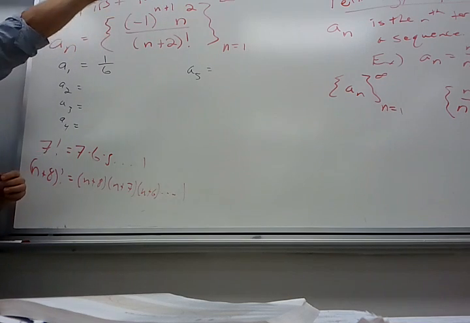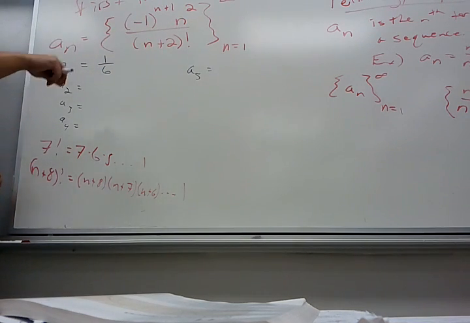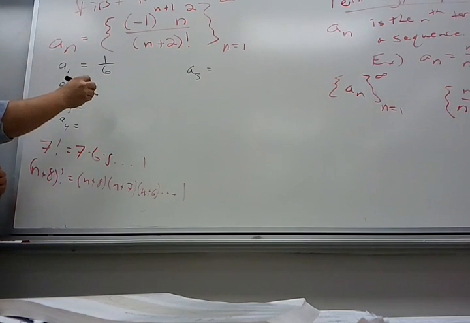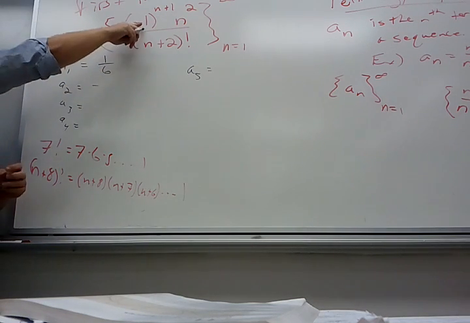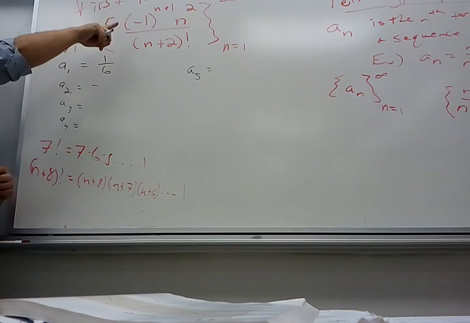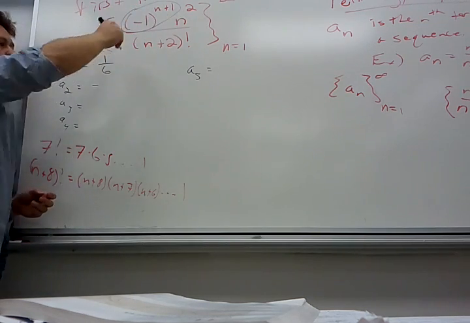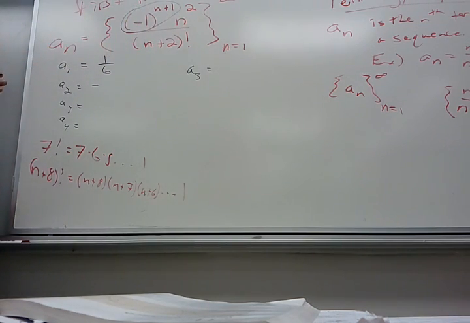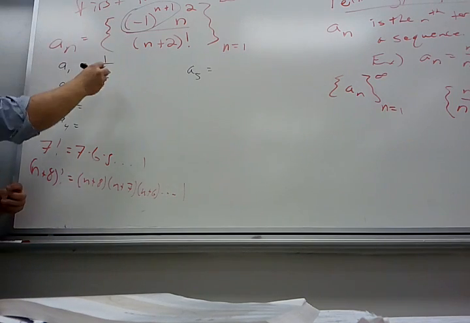Negative 1 to the second power is positive 1. 3 factorial is 3 times 2 times 1, 6. Sweet. A2, negative 1/6. Yeah, so now you get a negative from this term. So every other one is going to be negative. Basically, anytime you see something like this in a sequence, it's going to alternate the sign. So you get negative 1/6.